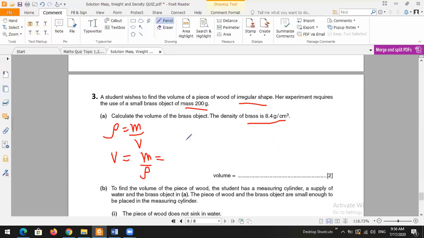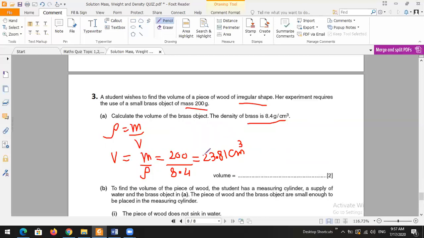Now inserting the values here, mass is 200 gram. As density is in gram per centimeter cube, you should write mass in grams instead of kgs. And density is 8.4. Calculate 200 divided by 8.4, it gives you 23.81 centimeter cube.